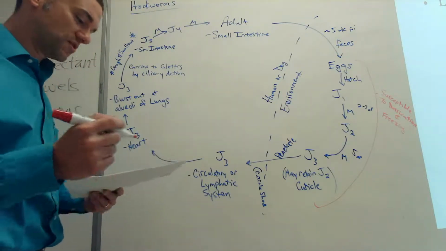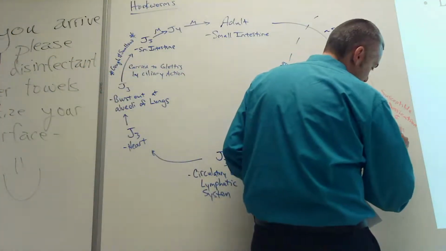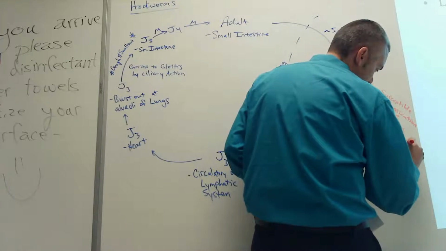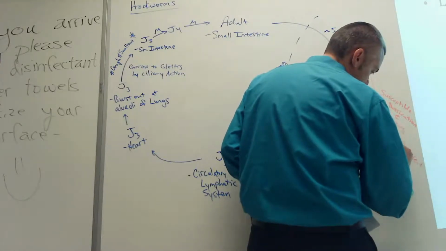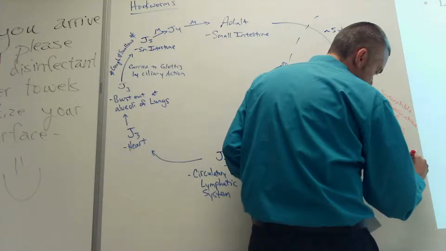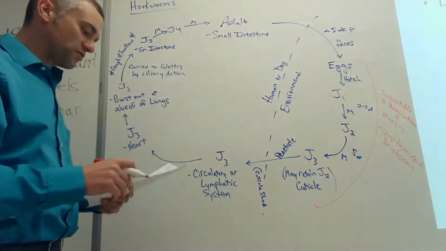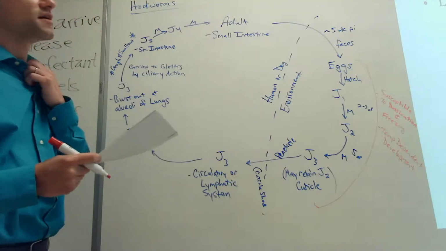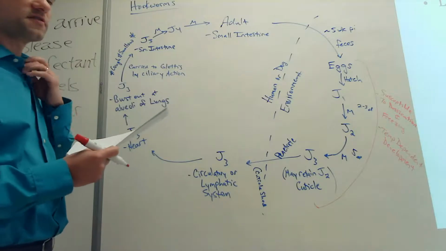It needs some moisture. Our development is also temperature dependent. So it develops faster in warmer areas, slower in cooler areas. And it's part of the reason why this is more of a tropical, subtropical parasite.